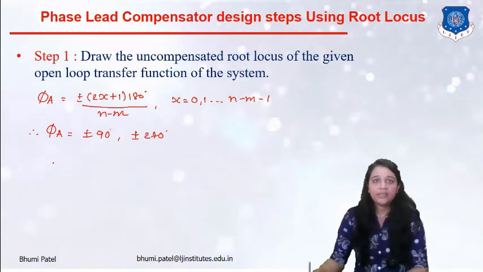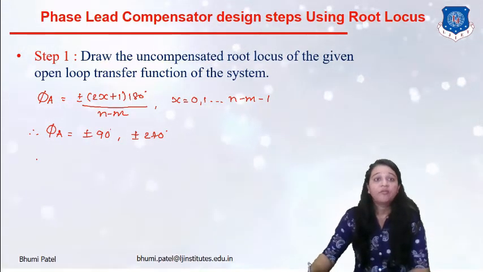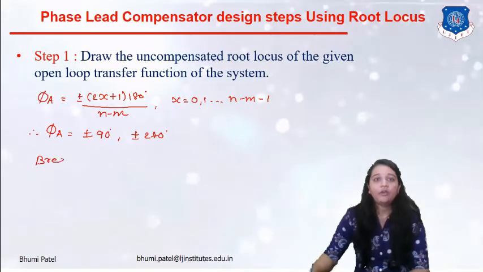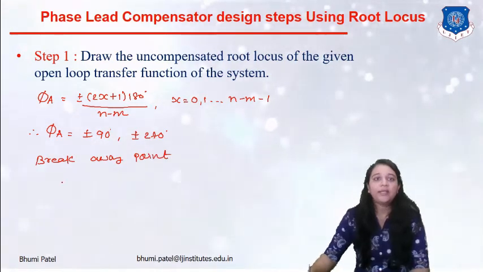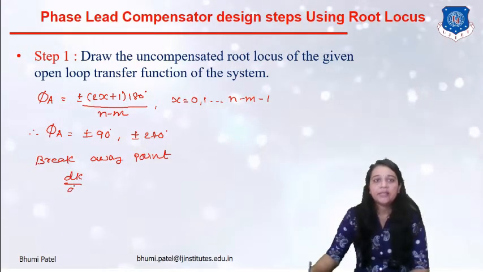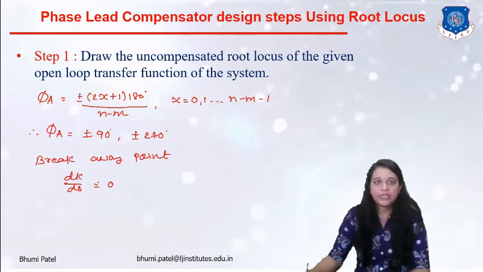Now the next step in the root locus is to find the value of the breakaway point. The equation of the breakaway point is dK/ds = 0.